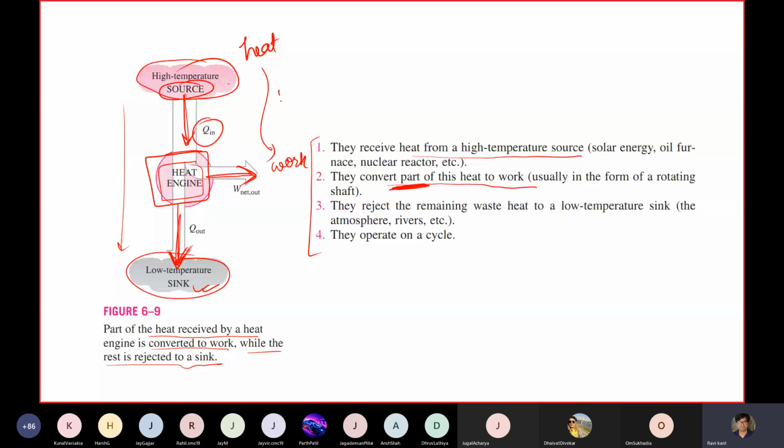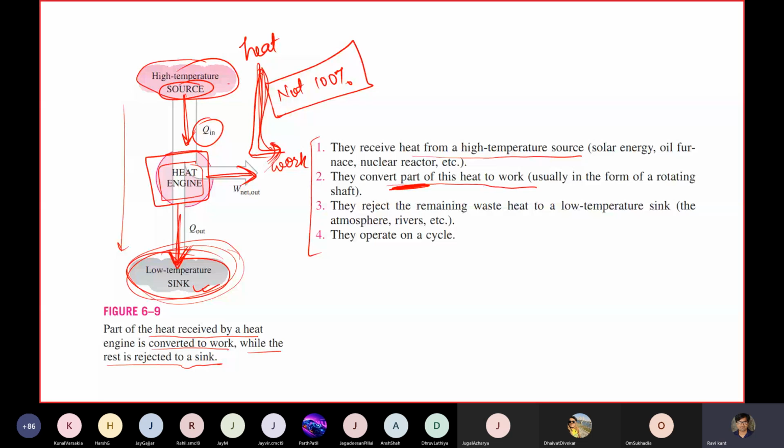This is the Kelvin-Planck statement: no machine can be made that takes up all the heat and converts it to work without leaving anything towards the lower temperature sink.